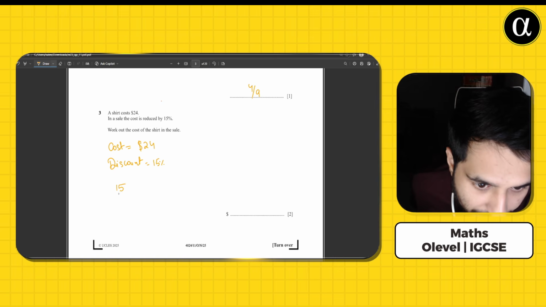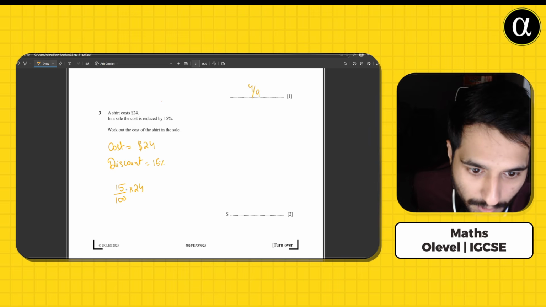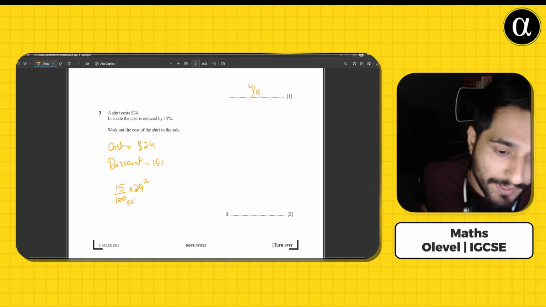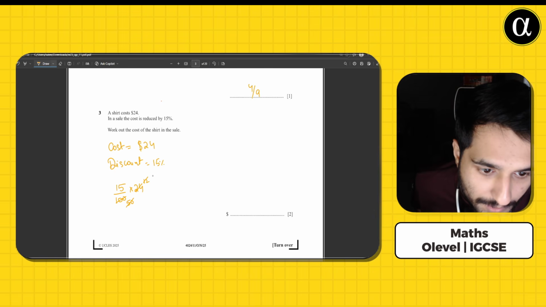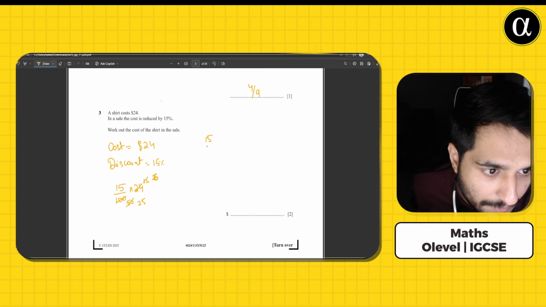It's going to be 15 over 100 times 24, and we solve this real quick. We divide by 2, and further by 2, so it will be 6 and 25. So what we get is basically 15 upon 25 into 6.